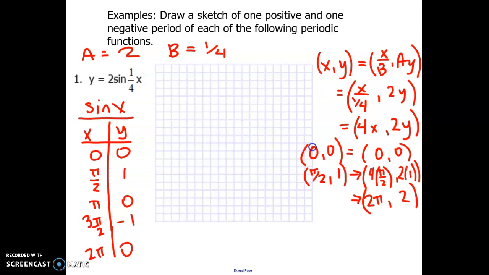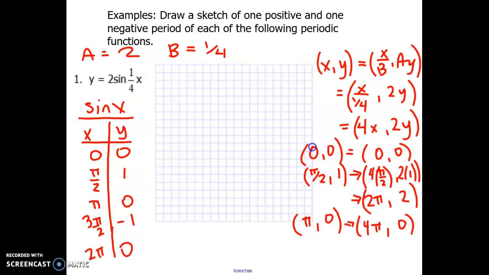So the point pi over 2 and 1 is now at 2 pi and 2. Again, I'm just multiplying the x by 4. Let's try the next point. It's pi and 0. When I go 4 times pi, I get 4 pi, and 2 times 0, I get 0.